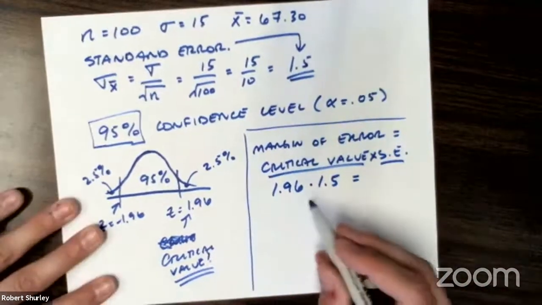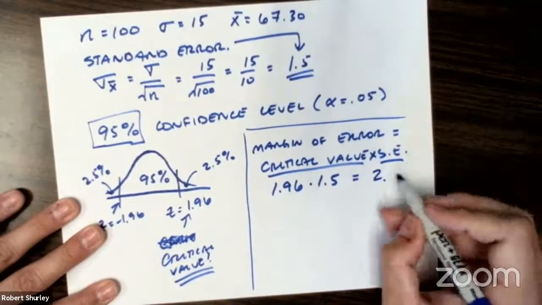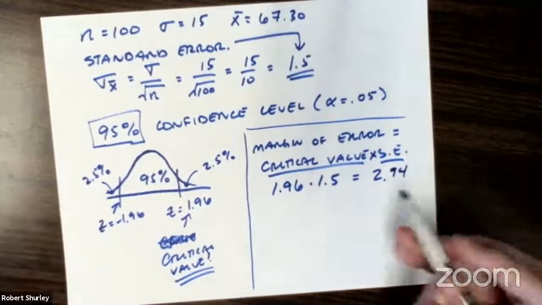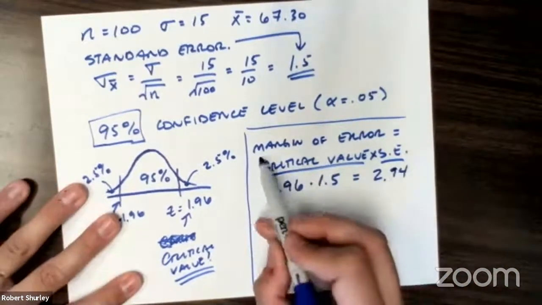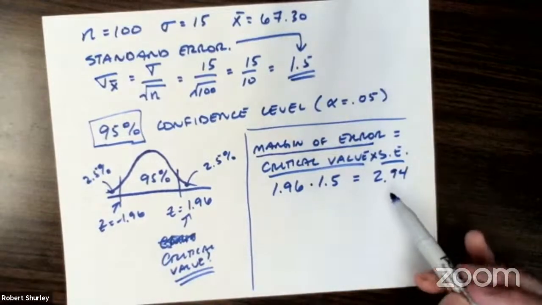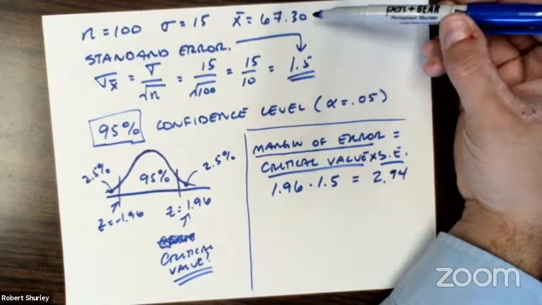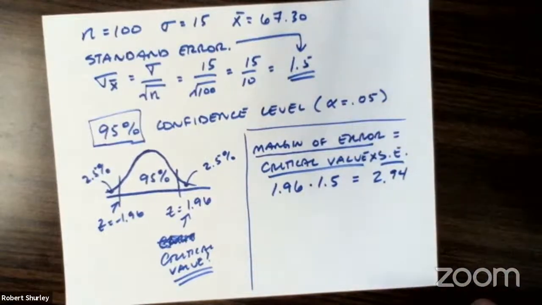So when you multiply these together, the 1.96 times 1.5, you get 2.94. Okay, for this example, that's our margin of error. That's what we're going to add or subtract to our x bar to give us our confidence interval.